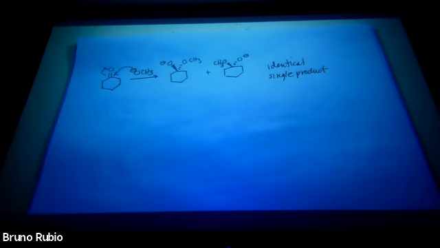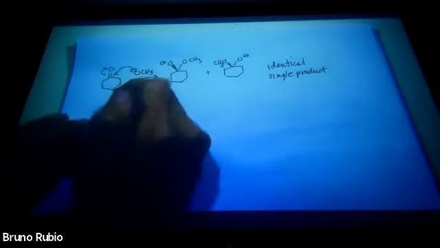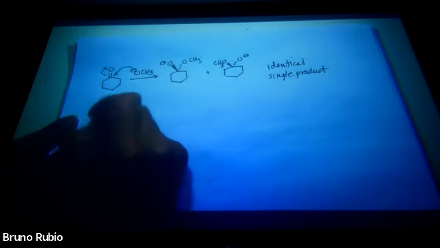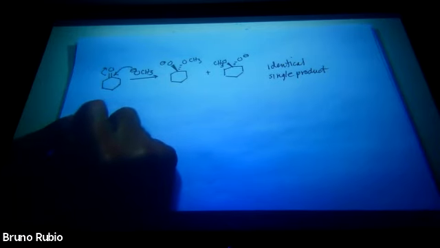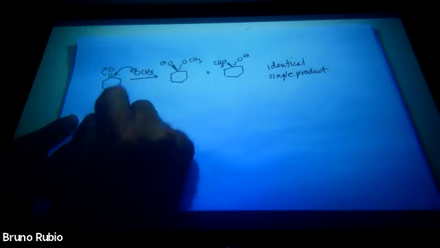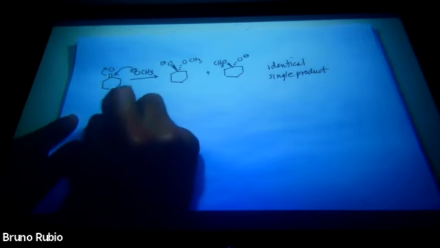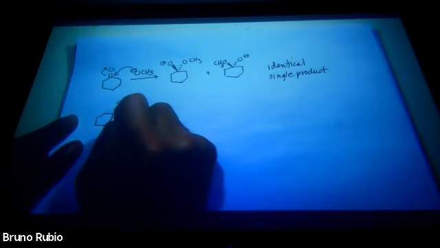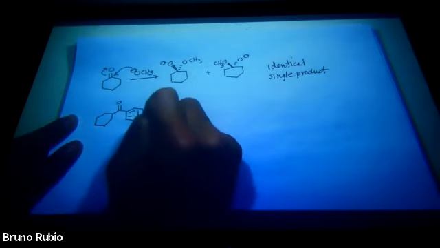Okay, so let's try another one. What about if we have a carbonyl group here, and on this side let's put cyclohexane, and there's our carbonyl, and on the other side let's put a benzene ring. All right, and now let's feed in a nucleophile, maybe CN minus.